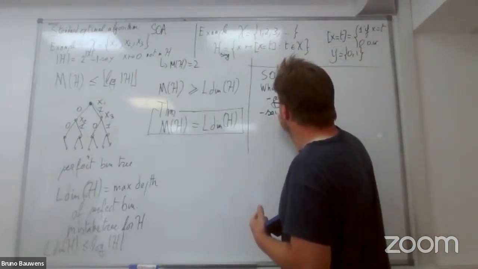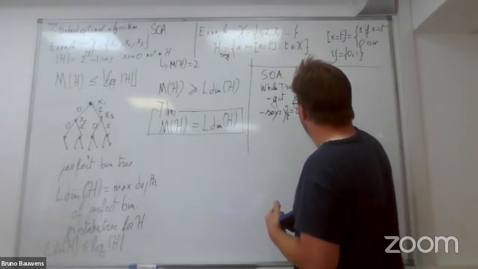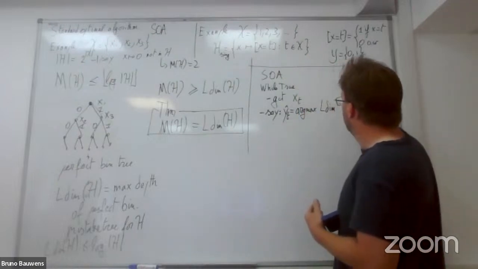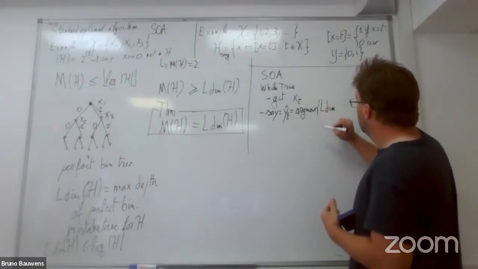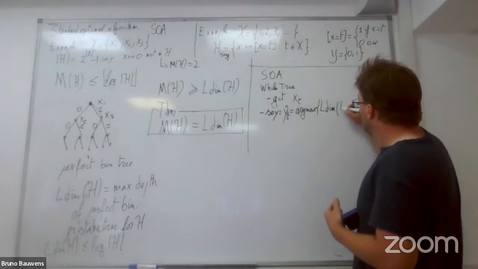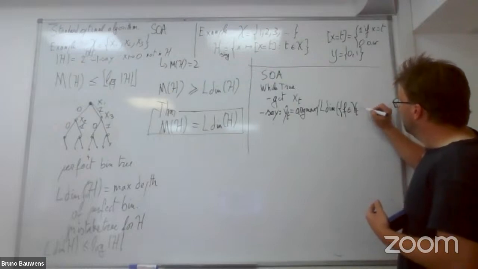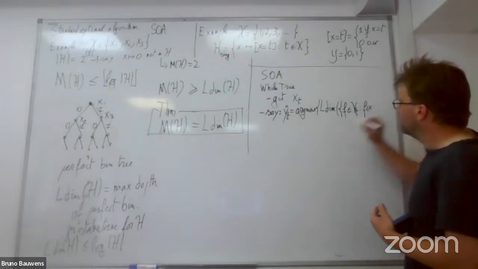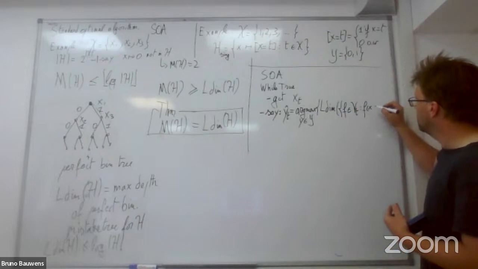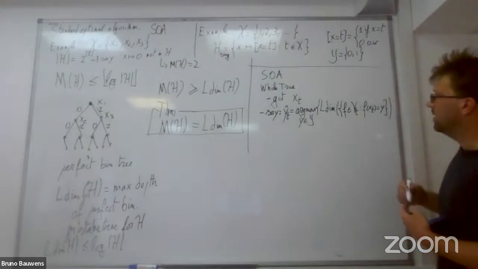Say YT hat is equal to argmax of the Littlestone dimension, and so we consider all f in the version space VT, for which f of xt goes to y, argmax over the label y. Okay, and it fits on the line.